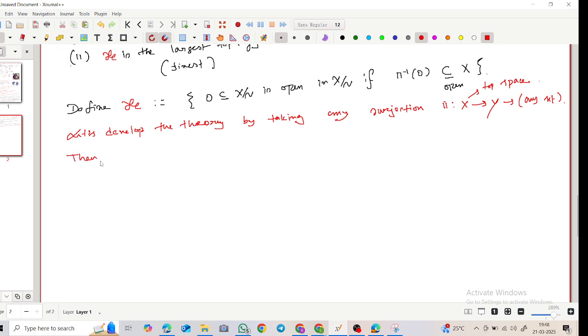Then we will see X tilde as a special case.